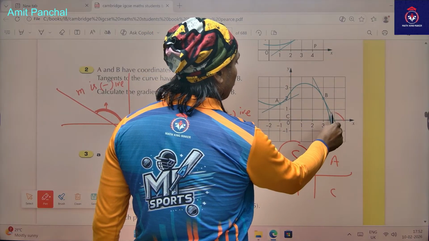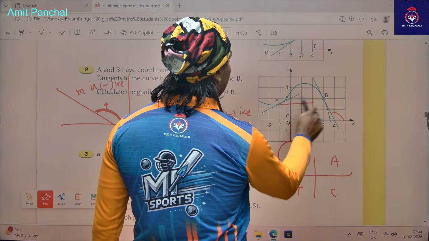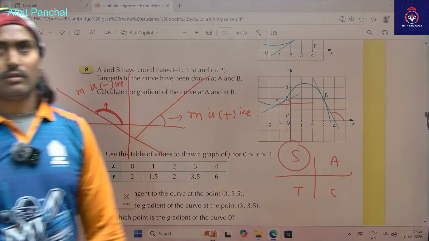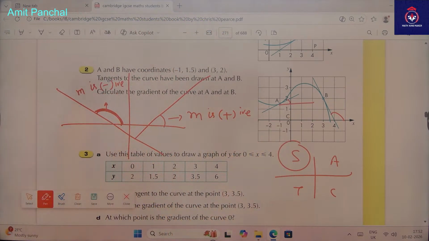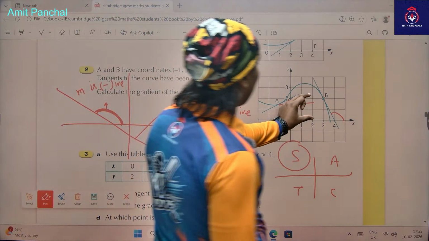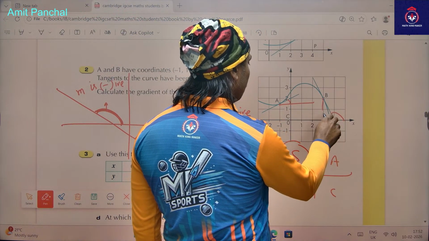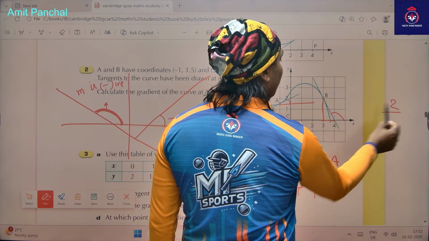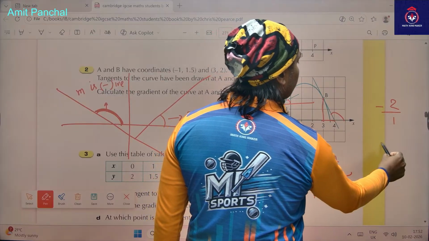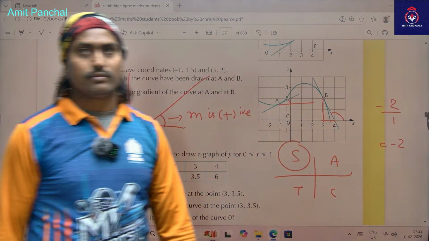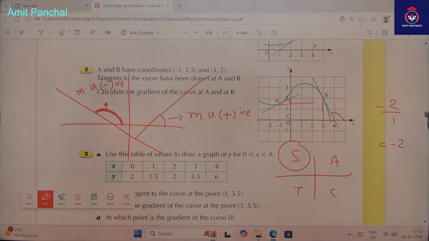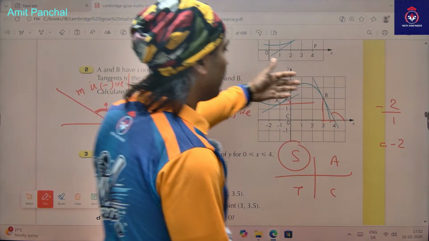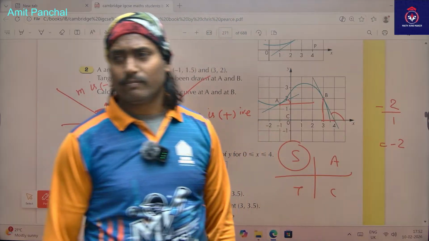Can you see here? And then how will you find it for B? B will be negative. You need to take its gradient as negative. What is the y change? The y change is this one. The x change is this one. So the y change is 2, the x change is 1, so its gradient will be negative 2. Either you take it as 2 by minus 1 or you take it as minus 2 by 1. That is the same thing.